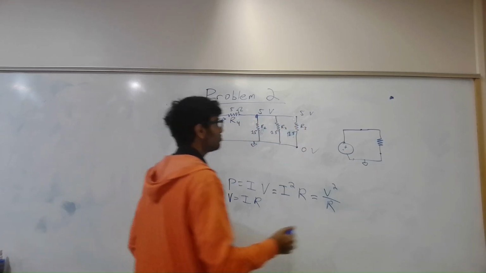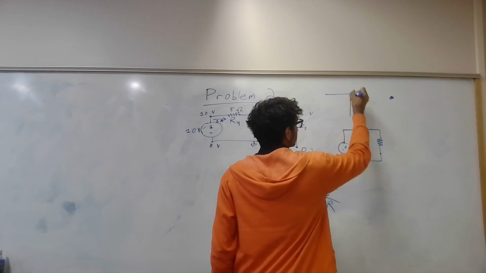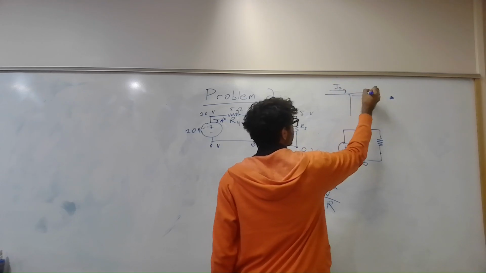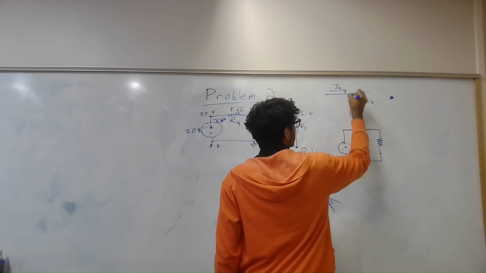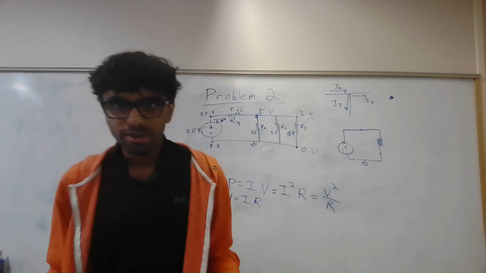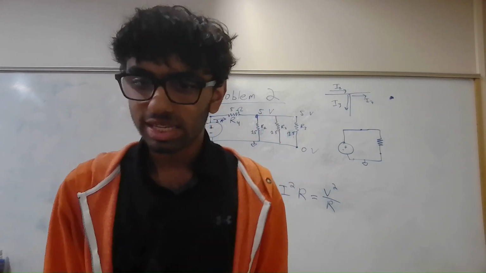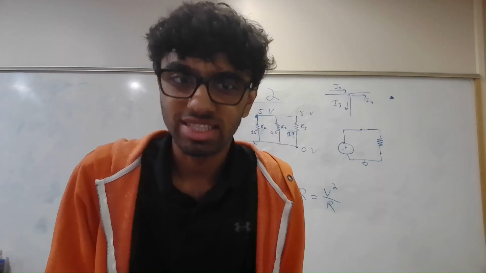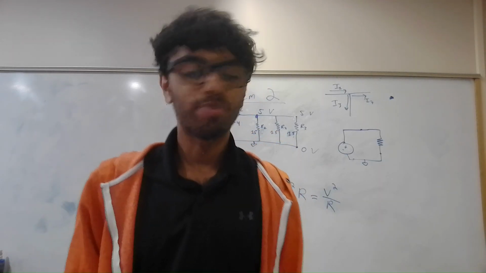So if I were to zoom in on that junction, we have a current I1 going in, and then a current I2 coming out, and a current I3 coming out. This should be a very reasonable thing to expect. What goes in must come out. You can't just lose current to nothing, and you can't just gain current from nothing, right?